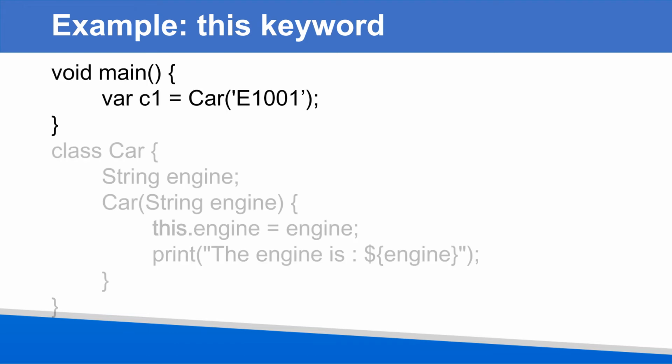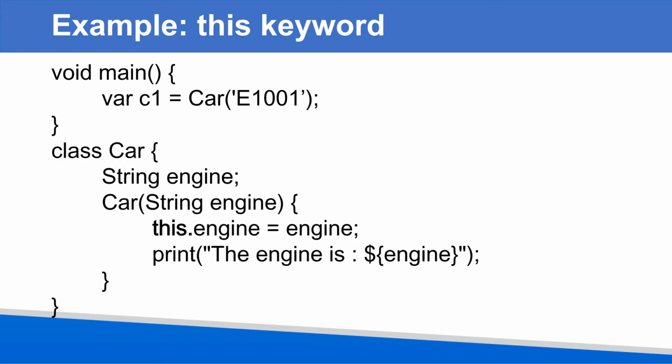Here is the example. In our class Car, we define a variable engine outside of the Car constructor. Inside of the Car constructor, we define a string engine. As you can see, they are the same.